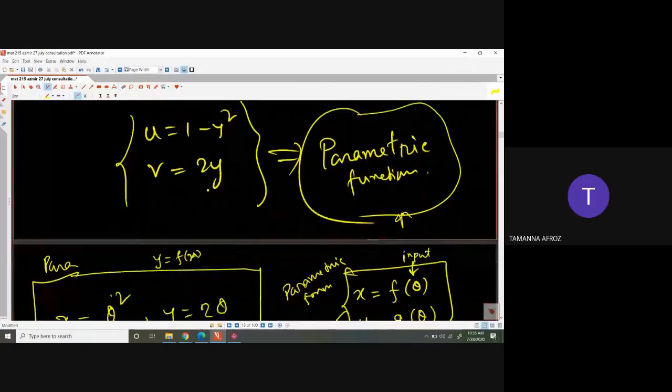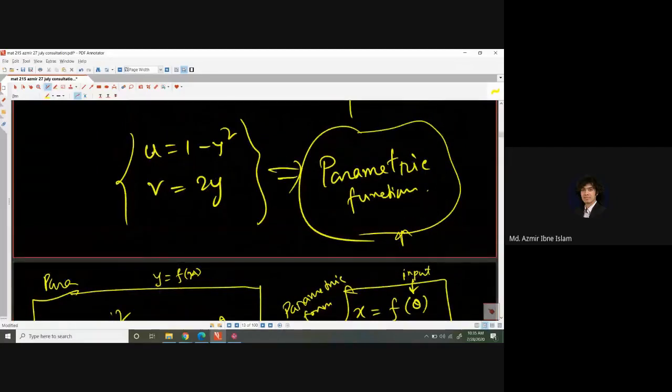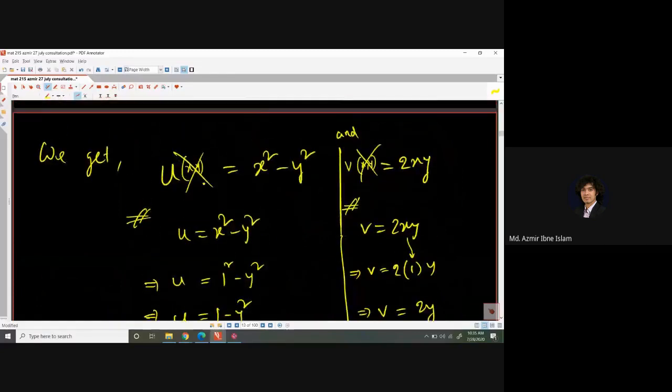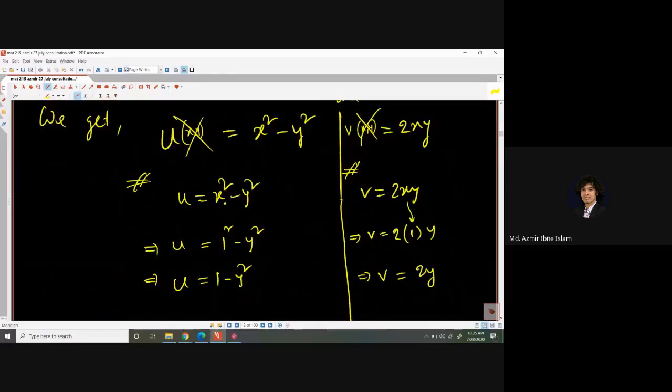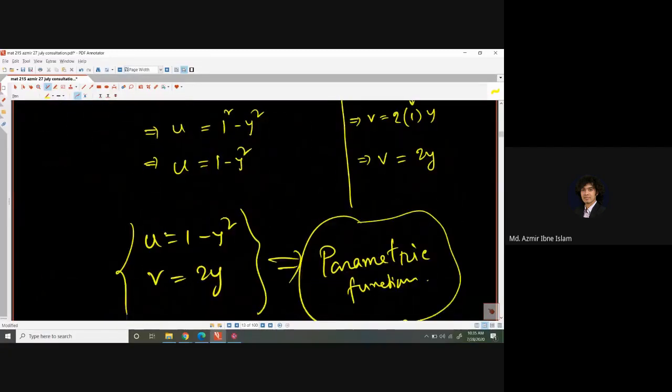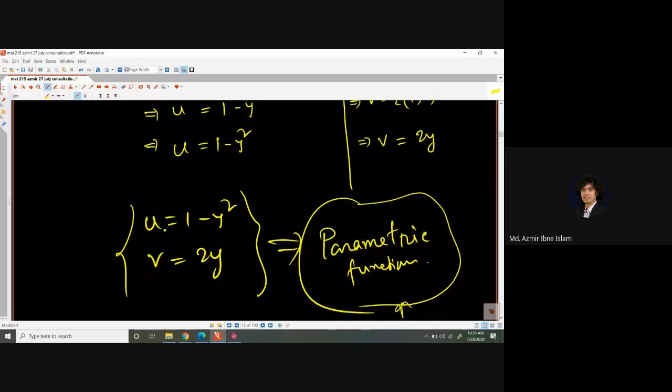Yes, sir. Yes, sure. So now we can see that u equal to 1 negative y squared and v equal to 2y. We have plugged the value of x and found u and v. But just to draw the graph, y equal to f of x, you know that we need f of x. So for this, we need v equal to f of u.